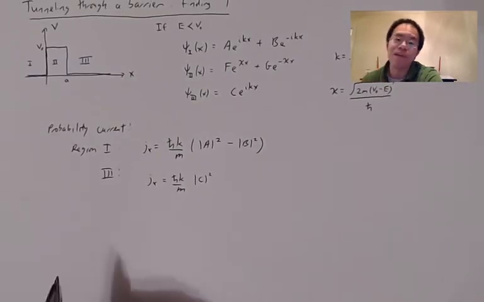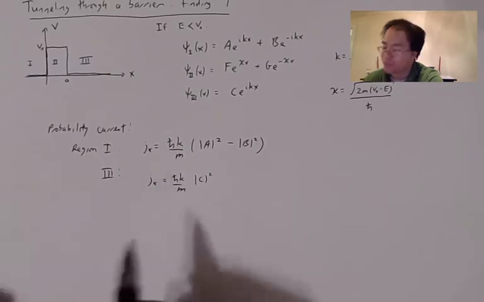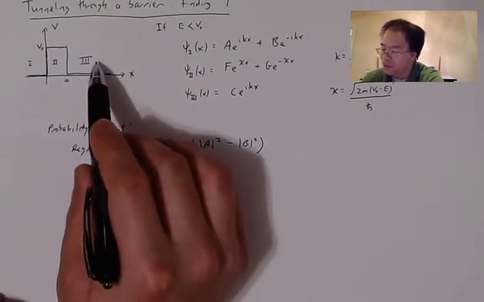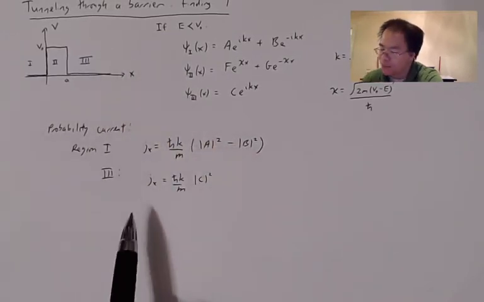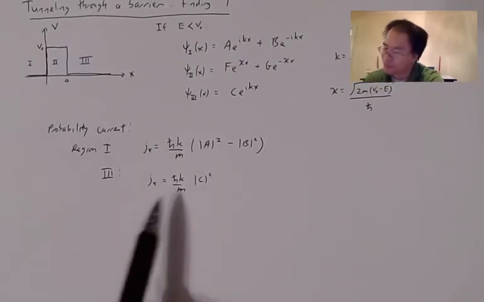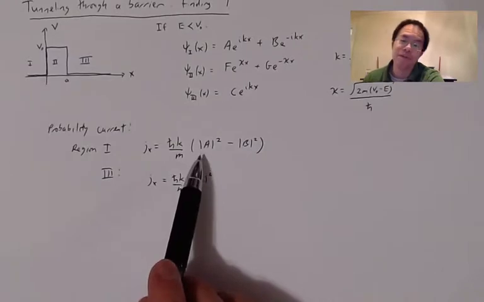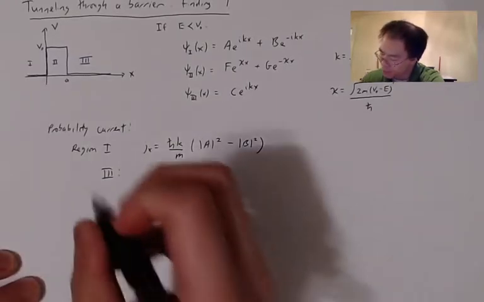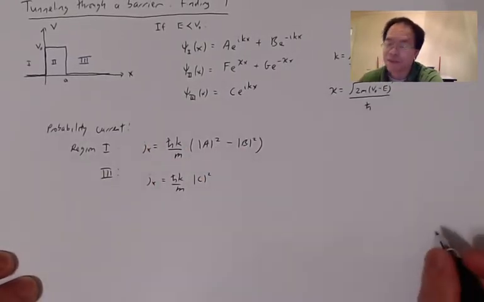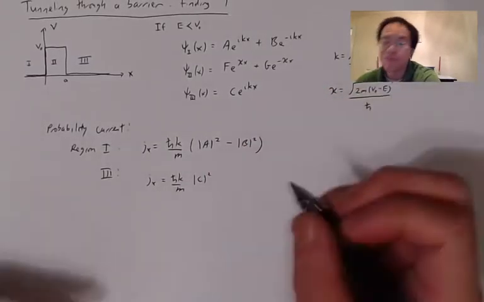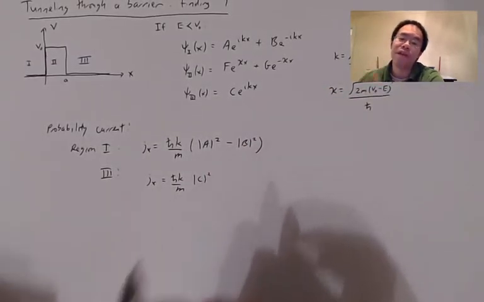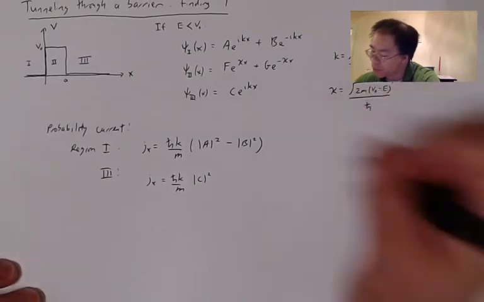So once again, the transmission coefficient is the ratio of the right-going probability current here to the incident right-going probability current here, which is this term. The reason we have to do this is because plane wave states are not normalizable.